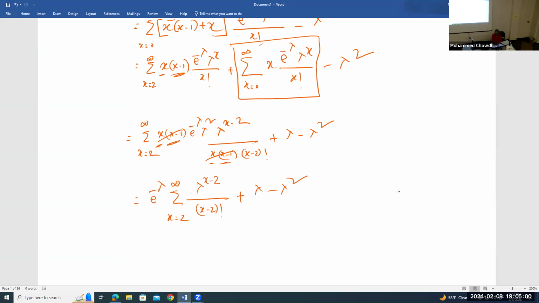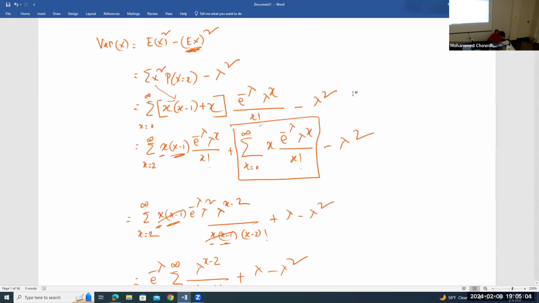Okay, I understand what you are talking about. This gentleman is saying it starts from x equal to 0 to infinity. He wants to put 0. Then if you put 1 here, what will happen? In the third step I'm saying, if you put 1, then it will be 0.